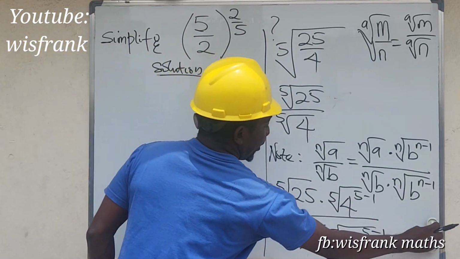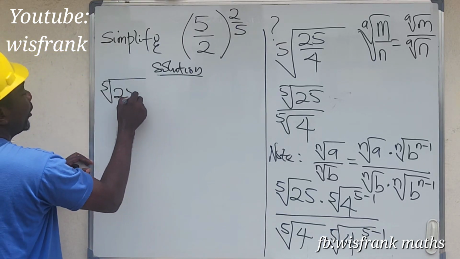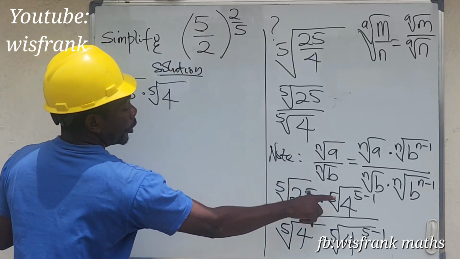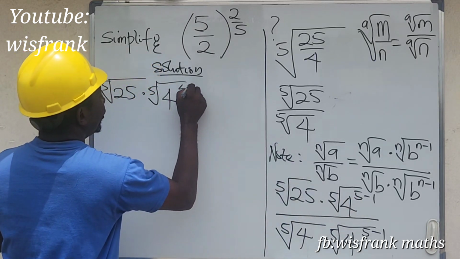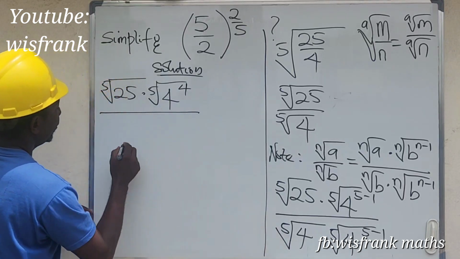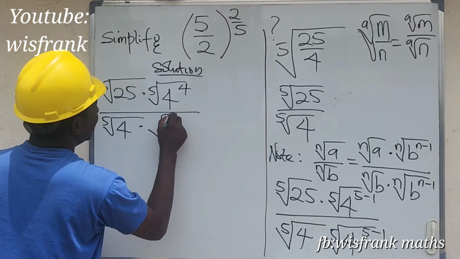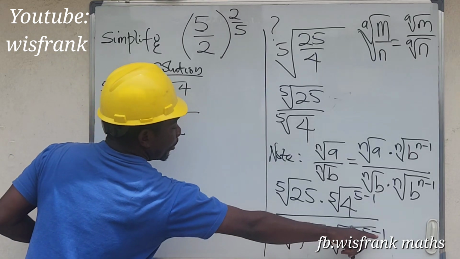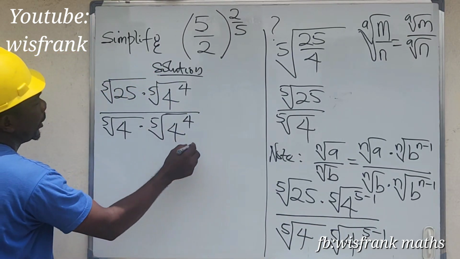So here we have the 5th root of 25, then times the 5th root of 4 raised to the power of 4, all over the 5th root of 4 times the 5th root of 4 raised to the power of 5 minus 1, which is 4.